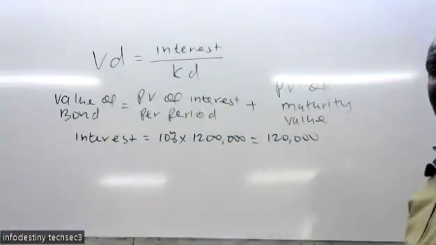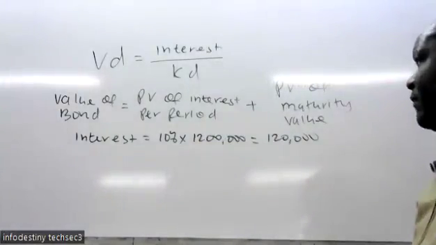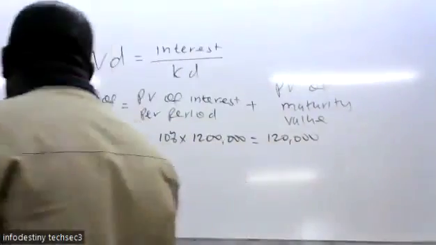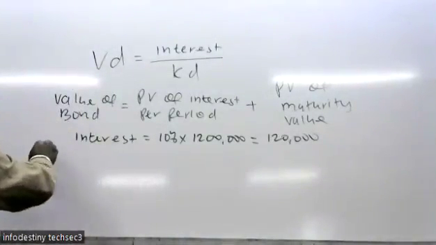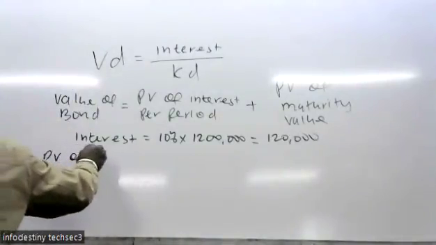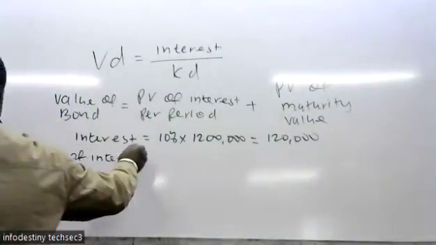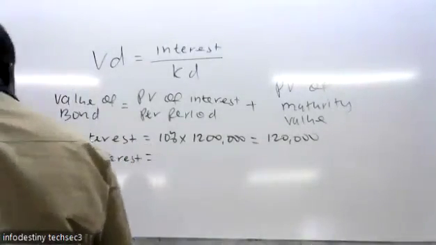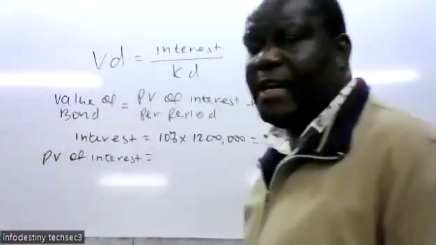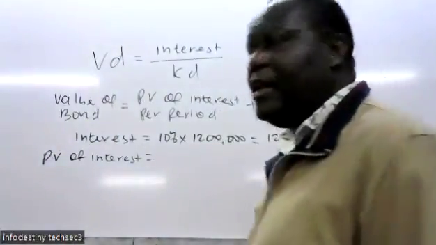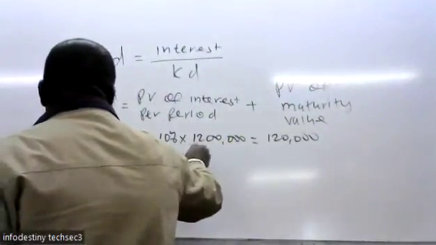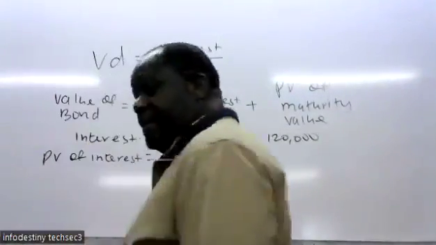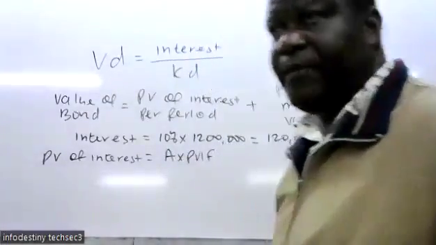So we are computing the value of the bond. We start with the present value of the interest. It is per period, so it is an annuity. It will be given by the annuity multiplied by the present value interest factor.